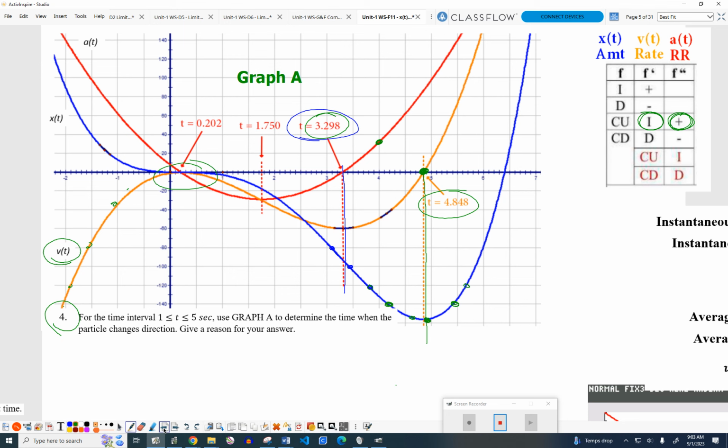And I would write simply: at t equals 4.848, v of t changes sign, or changes from negative to positive, so the particle changes direction at that time. That's it.